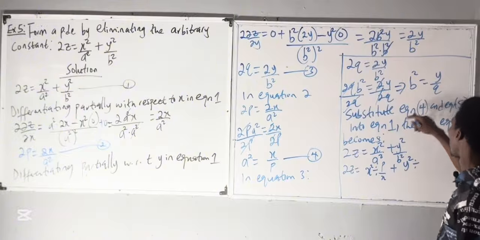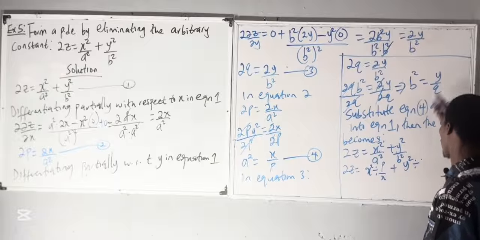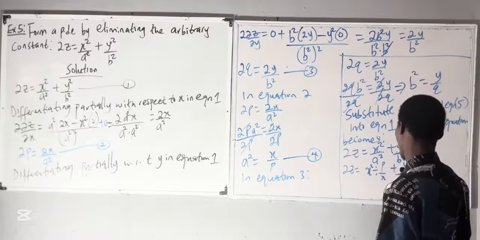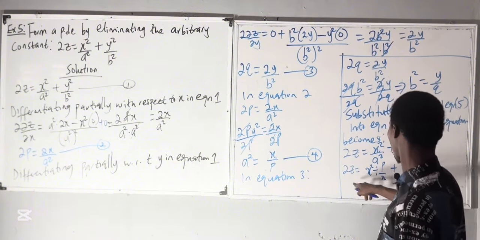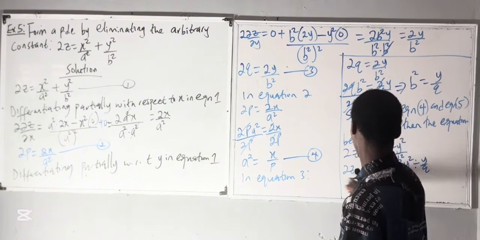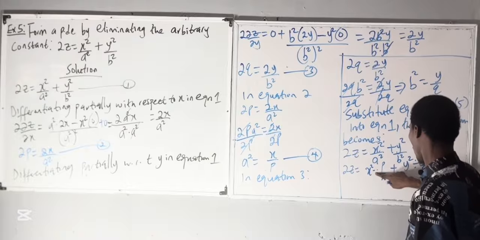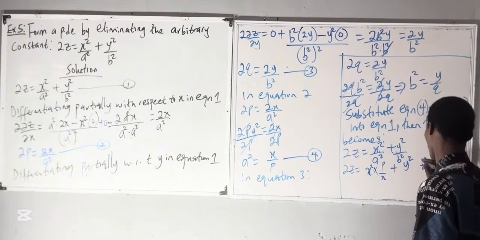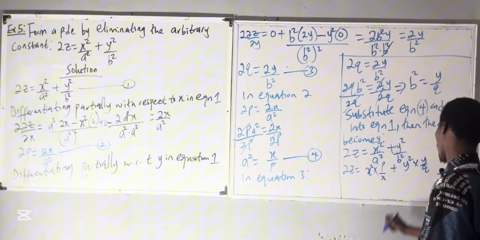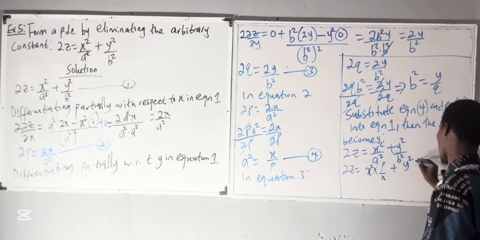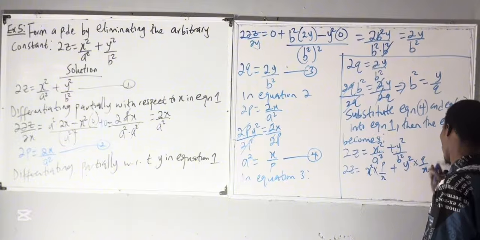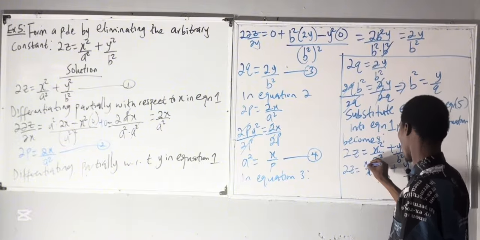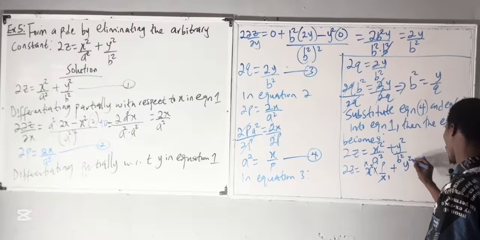What's our b square? Our b square is y over q, y all over q. So what am I going to have next? What is my a square here? a square is x over p. If I change it, I'm going to have times. If I change this one as well, I'm going to have q times x, q all over y. x is common here. I'm going to have x, y here 1, y here 1.